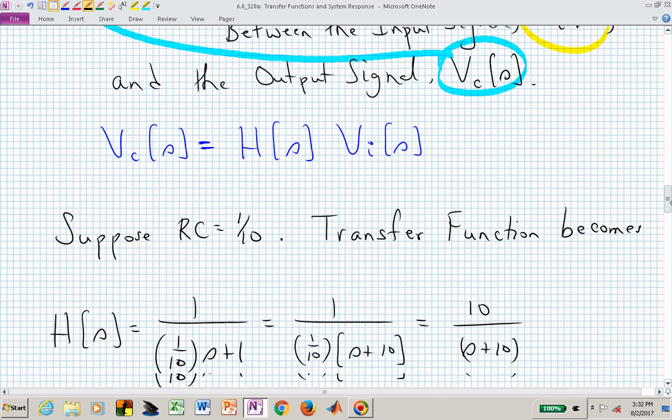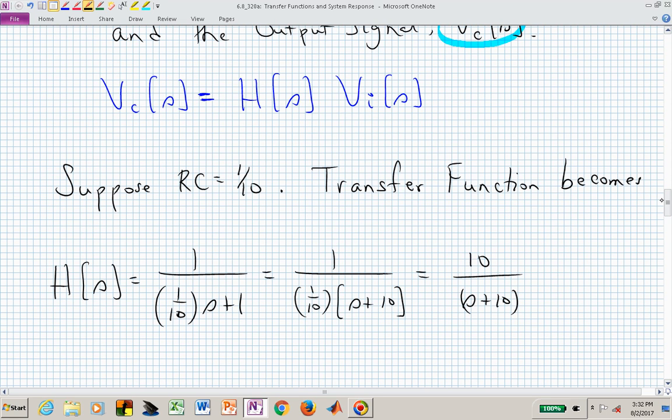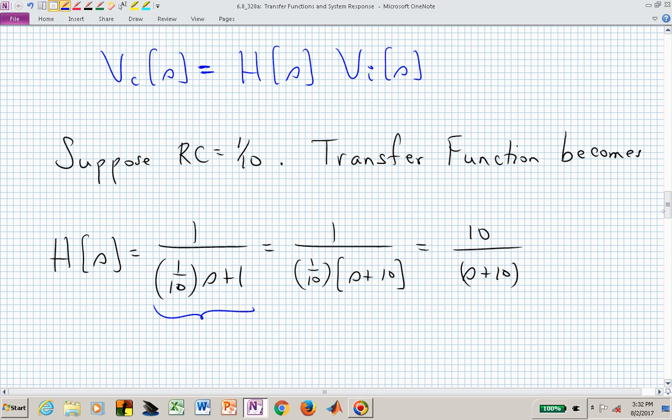So now the transfer function becomes H of S is equal to 1 over 1/10 RC S plus 1, and this particular structure for the transfer function is given a particular name, and this is now a time constant form where this variable, weighting the frequency variable S, is our time constant tau.